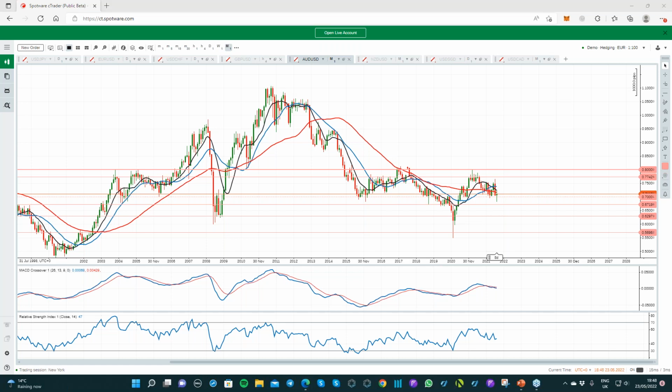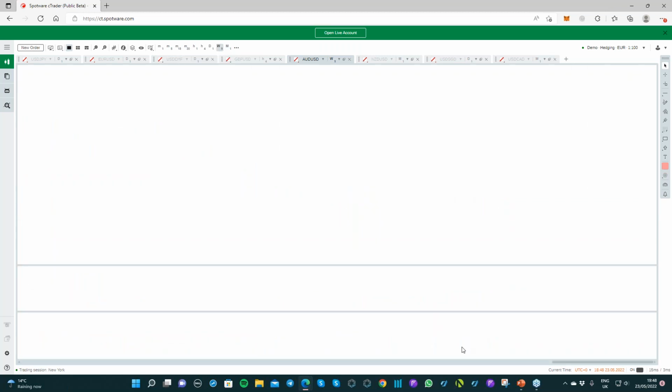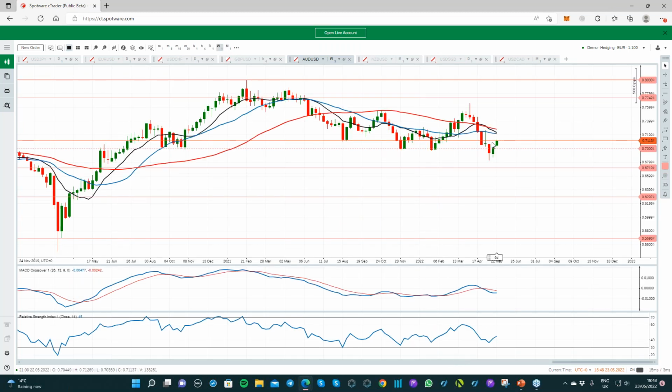How do you determine the stop loss? That depends on what strategy you're trading, and unfortunately I just haven't got time to teach you a strategy. What I would say though is a lot of my trading, so let's go to Aussie dollar, continue with Aussie dollar. On the weekly time frame, I'm looking at bearish price action. I wouldn't necessarily call this a strong downtrend on the weekly time frame, but I'm certainly looking at bearish price action.